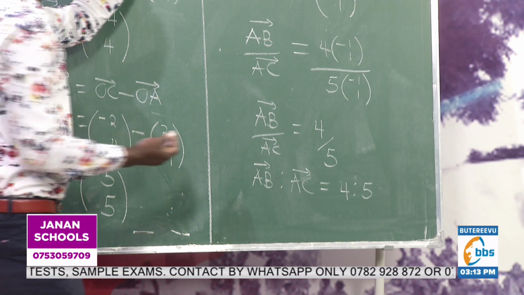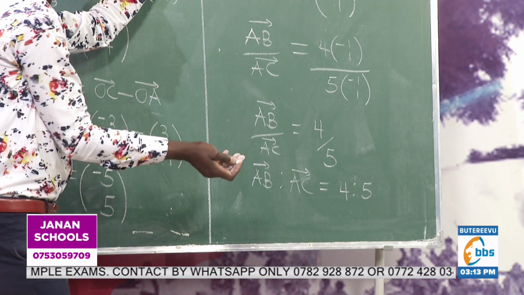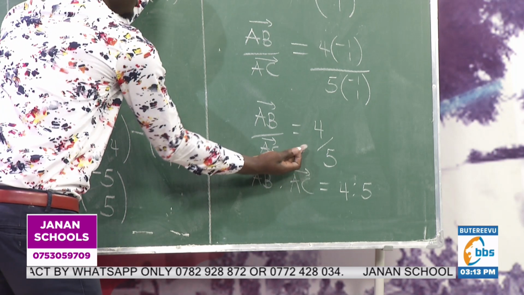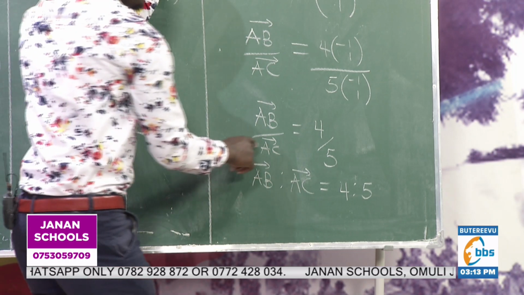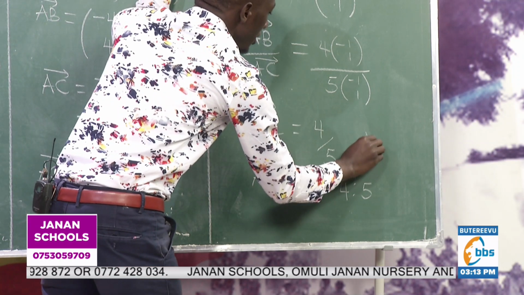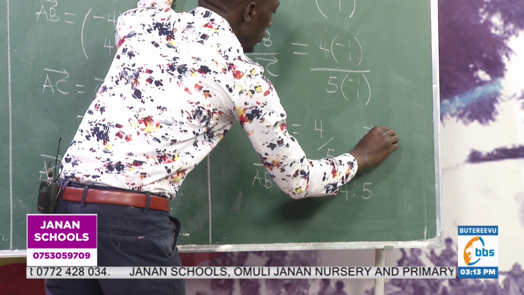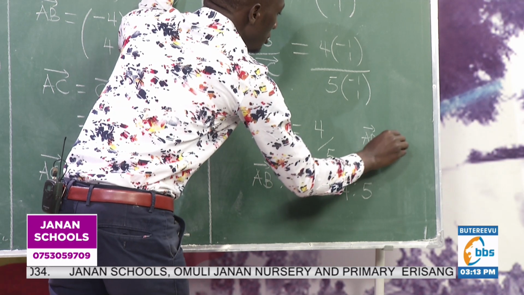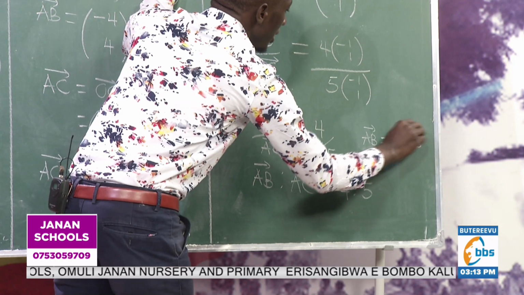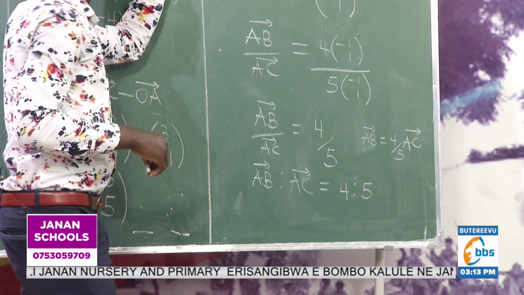Another way of doing it, I can also express one in terms of the other. There are very many ways in which we can represent this information. When I have this and I have this, somebody can also multiply by SC on both sides, and that means I will be having AB. So there are many ways, and we need to understand all the possible ways, because you're going to look at numbers in the vector diagrams where they can give you all these concepts in different ways.